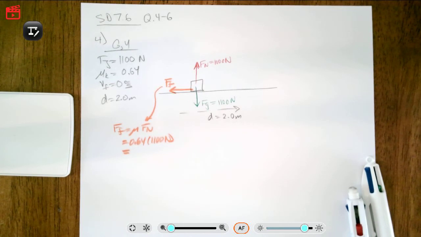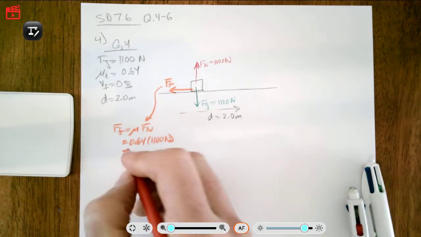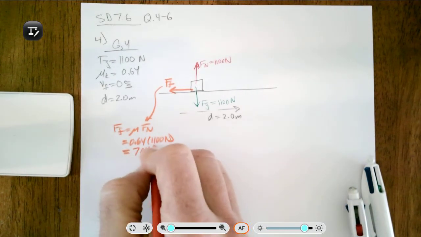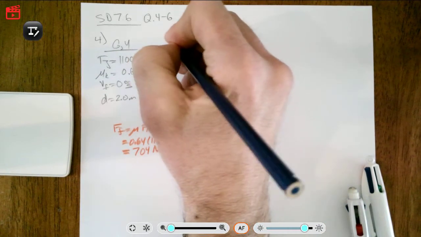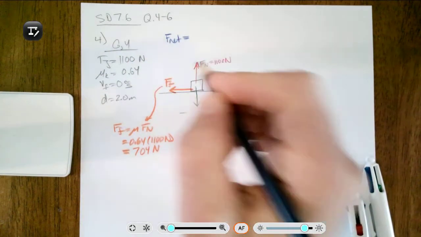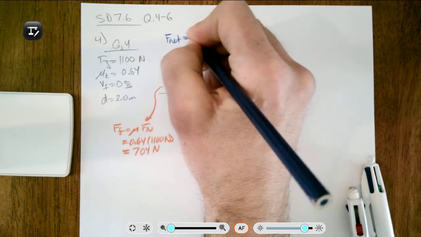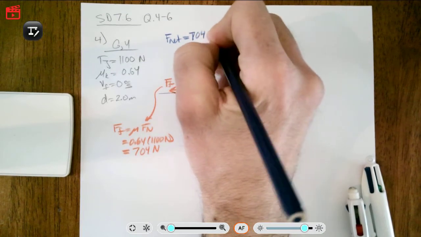Oh, we should know this. 0.64 times 1,000 would be 640, another 64, so it should be 704. Yep. 704 newtons. Good. Now, any other forces acting? Well, there's no pull, so no F external, and that actually is all of it. So here, your net force in this diagram is actually the force of friction, so it too is 704 newtons.